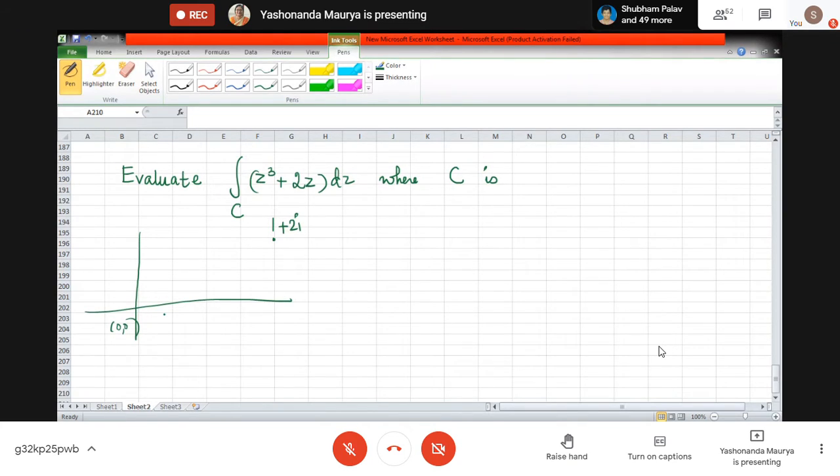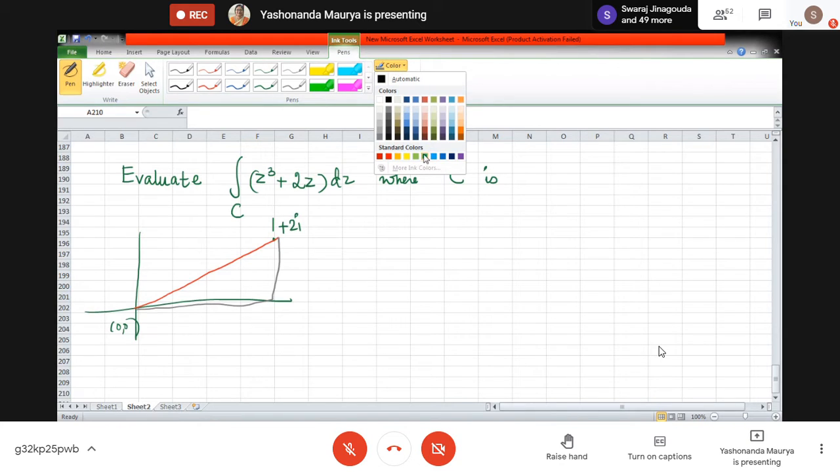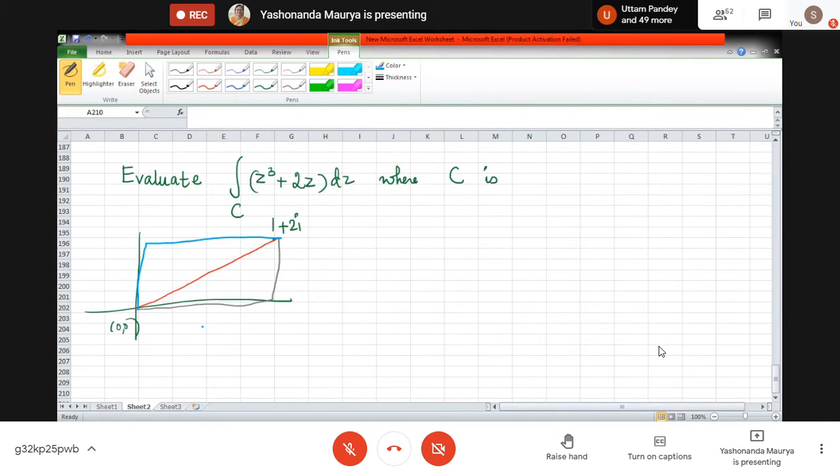Whether I go to this particular point along this curve, or if I go along this curve, or if I go along, say, this color, this path.